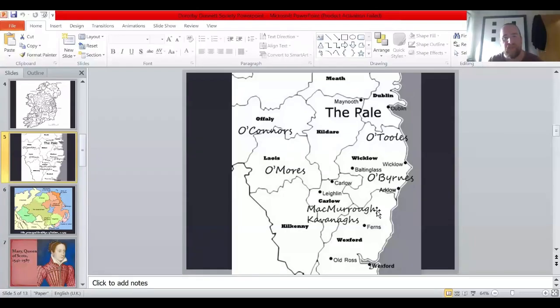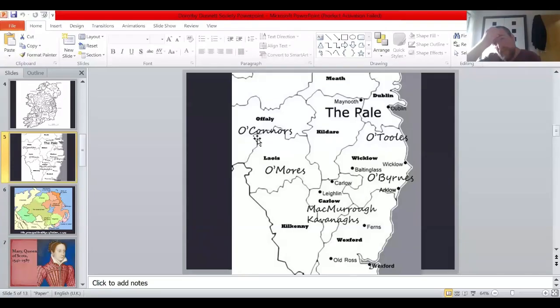Some of them have accepted titles or lands, or they've made an agreement with the crown. Whereas some of the heads of the O'Connors and the O'Moores are seen as being a bit more like these barbaric Irish woodkerne that keep raiding into the Pale in this sort of uncivilized fashion. One of the principal ones being Brian O'Connor Faly, who is the head of the O'Connors, and as we'll see, is the father of Cormac O'Connor.